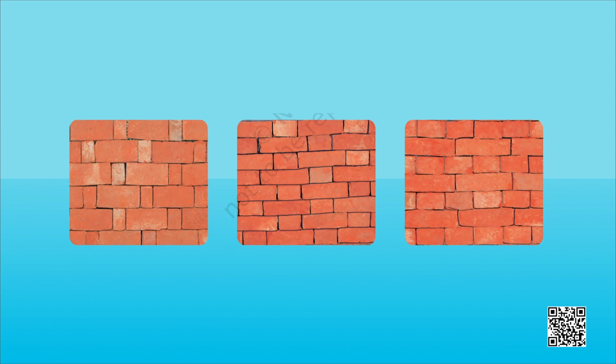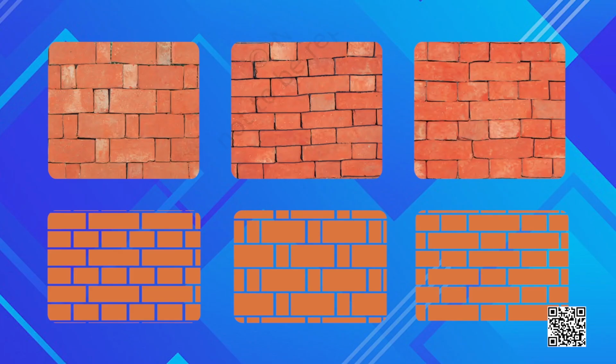Now let us observe these images of different brick patterns. Here are photos of three kinds of brick walls. Can you see the difference in the way the bricks are placed? Now match the photo of each wall with the correct drawing given.